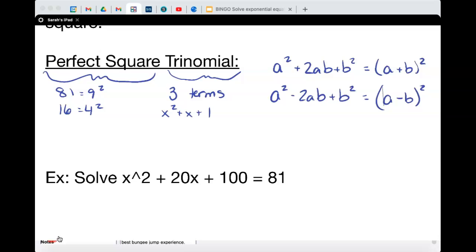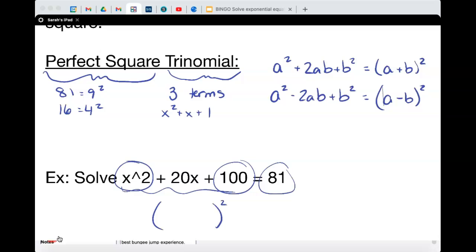So, this example on the left side, what should we notice? We have a trinomial because that's 3 terms. What else do we notice about the left side? 100 is a perfect square, x squared is a perfect square, even 81 is a perfect square, but I'm not concerned about it because it's not a part of the trinomial. But this x squared plus 20x plus 100 should factor to be some quantity squared.